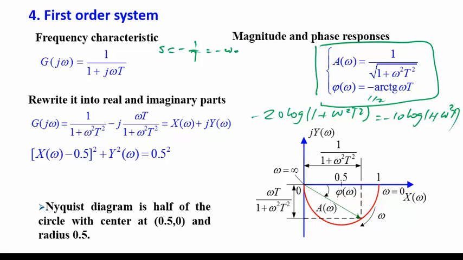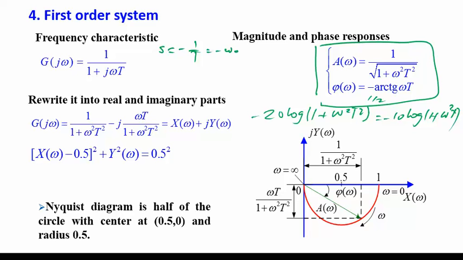Now, this is the example I discussed, right? I don't need to discuss it again because we started with this one. Now, for the Nyquist plot, we separate this into two parts, the real part and the imaginary part: X of omega plus j Y of omega. If we do this, this is how they will look.